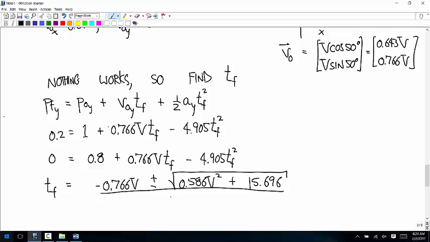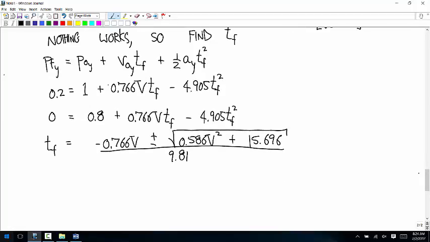And then divided by 9.81. Square root of 15.696, just to get a sense of the number.